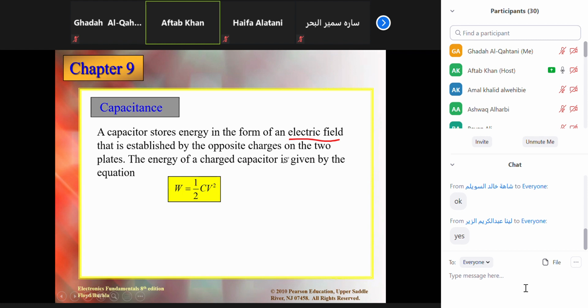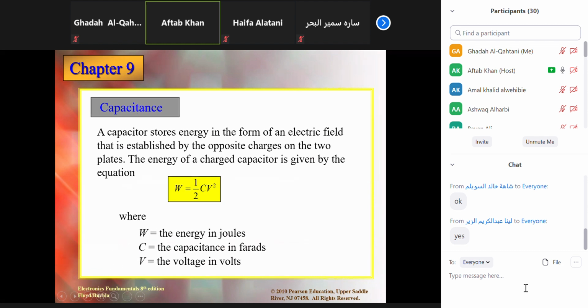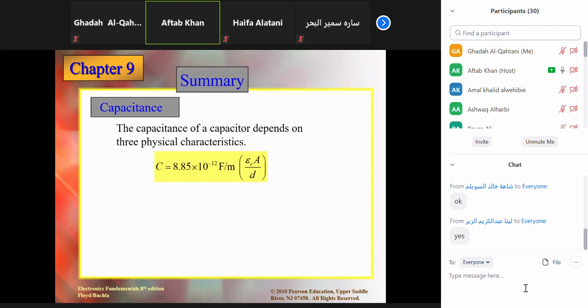The energy of the charged capacitor is given by the equation: W is equal to half CV square, or if you want to use E, the energy is half CV square. It's so simple to memorize. Here W is energy in joules, C is capacitance in farads, and V is voltage in volts.